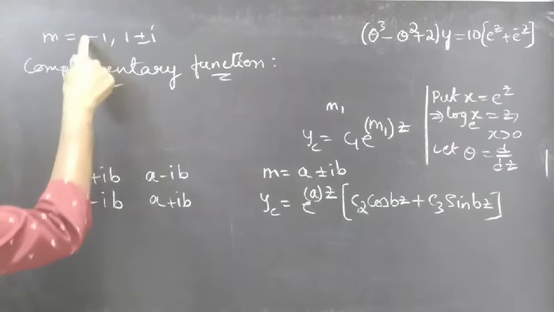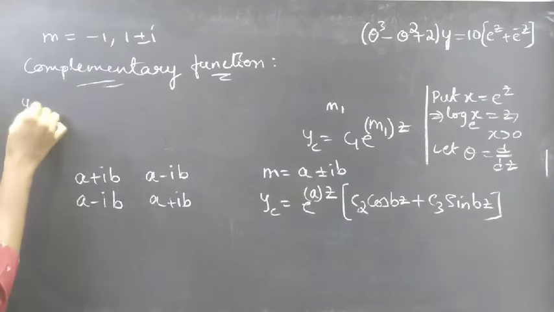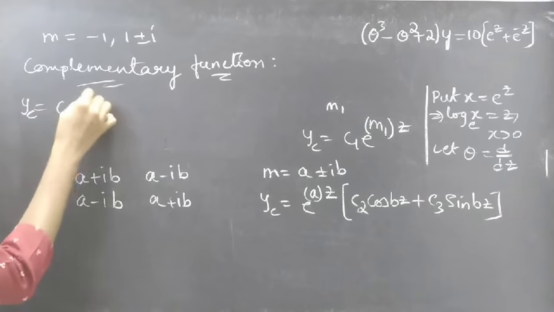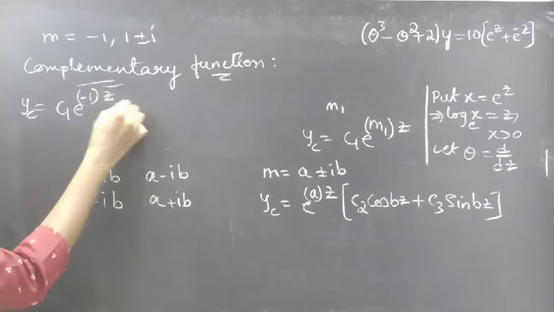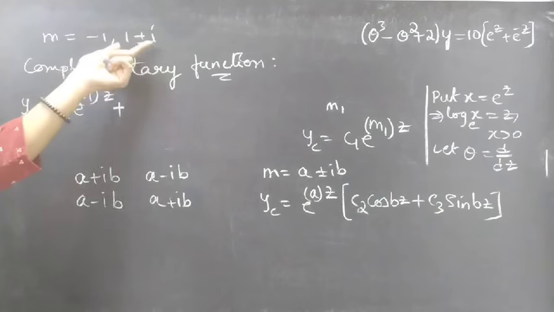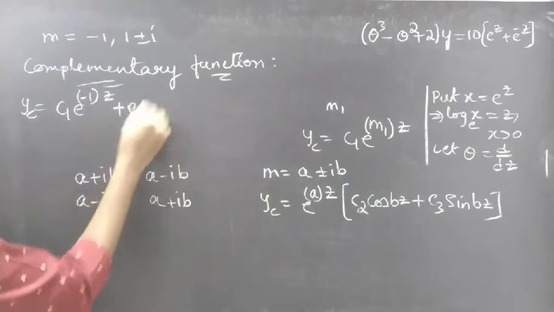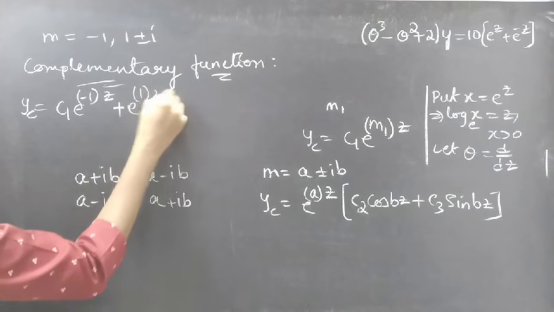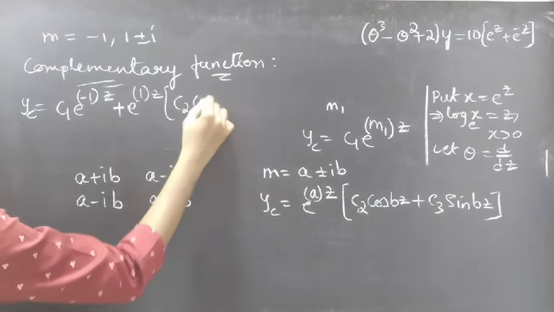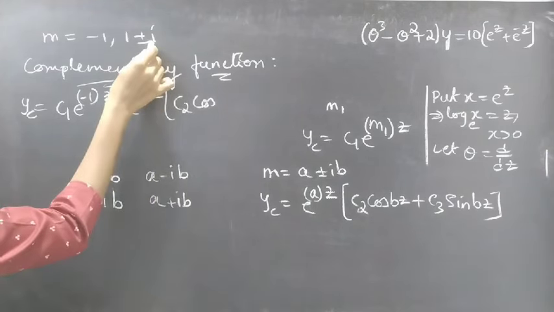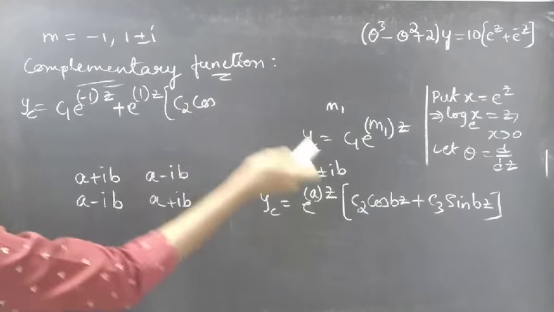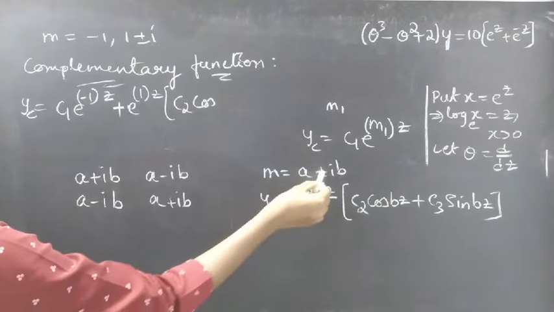Now let's write for the distinct root. Then yc equals c1 e power distinct root into z plus, now we are going to write for the pair of complex conjugate roots, e power 1 into z into c2 cos, for b equals 1, comparing a plus or minus ib with plus or minus i.